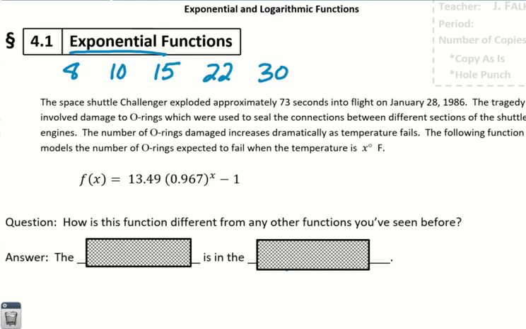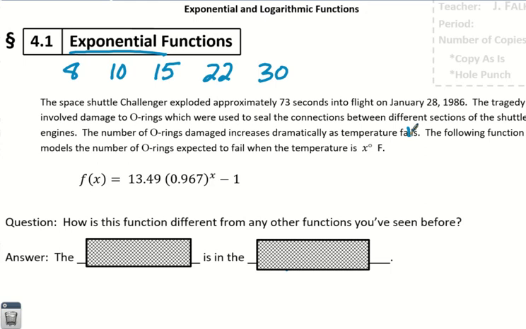And basically, the number of O-rings damaged increases dramatically as temperature, and this should say falls, not fails. So a little bit of a typo there. So basically, as the temperature got colder, as the temperature fell, the number of O-rings that were probably going to become faulty was going up.